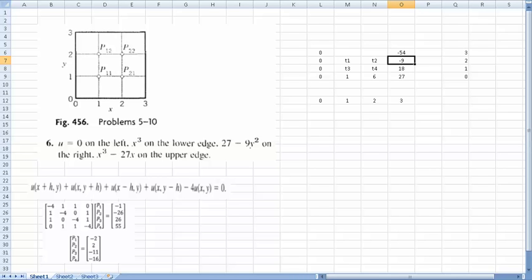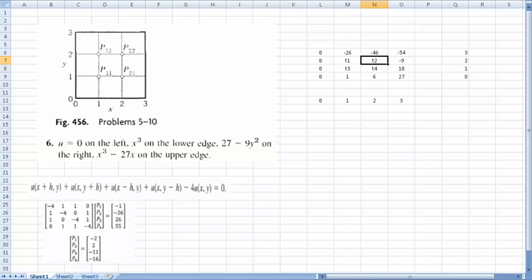And then it says on the upper edge, x cubed minus 27x. So when x is 0, we get a 0 on the upper edge. When x is 1, this is 1 cubed minus 27 times 1, so it's going to be a minus 26. And this one is going to equal 2 raised to the 3 power minus 27 times 2, which is equal to minus 46.